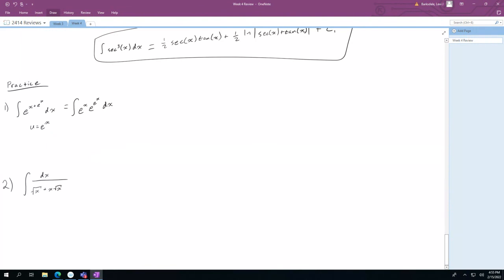What now? du is e to the x. So then e to the x dx turns into our du. We have e to the u du. What's the integral of that? e to the u. And then we substitute our u back out.